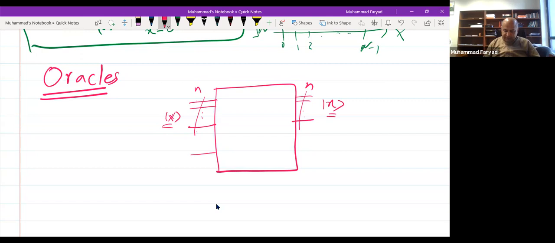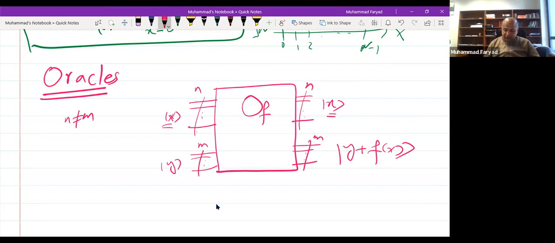But then it also has another set of inputs, let's say m, and n in general is not equal to m. There is some state, let's say y, and this output is changed so that the output over here is y plus some function f of x. Let's say I label this oracle as O_f, where it implements this f of x.